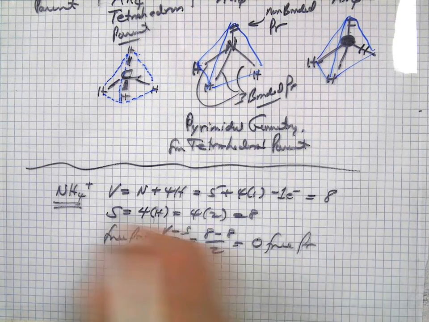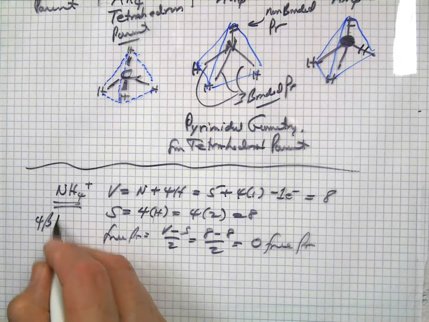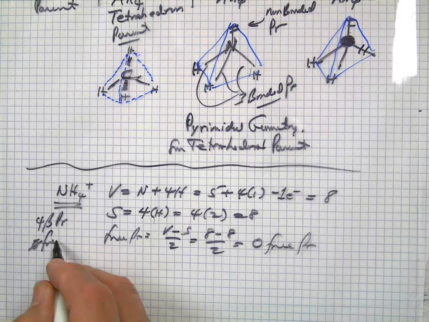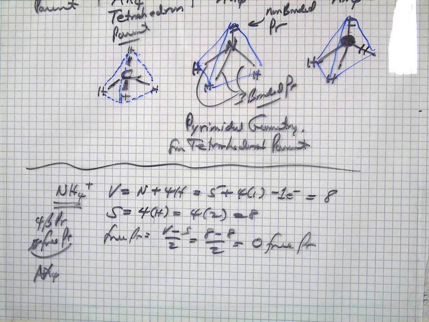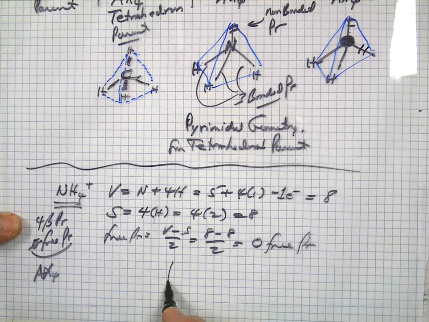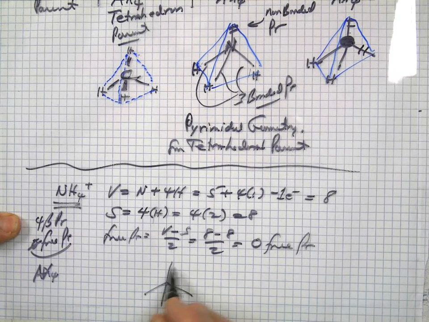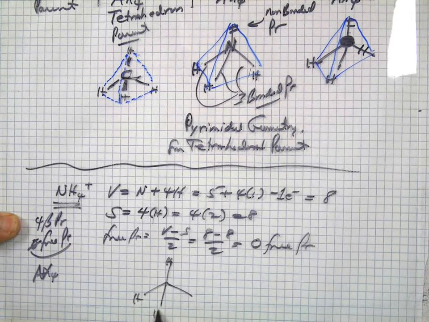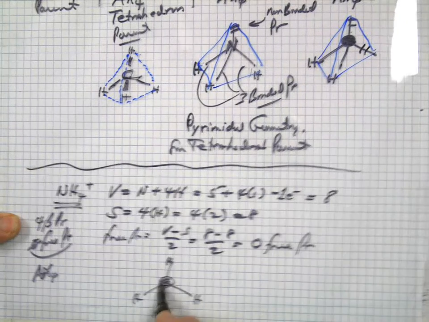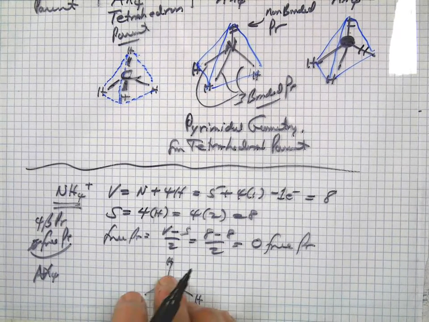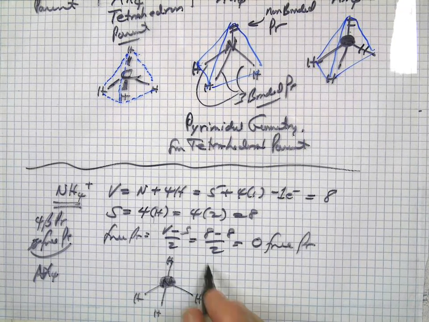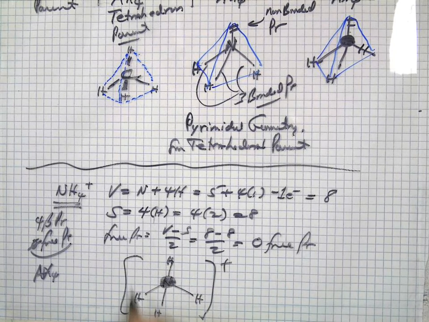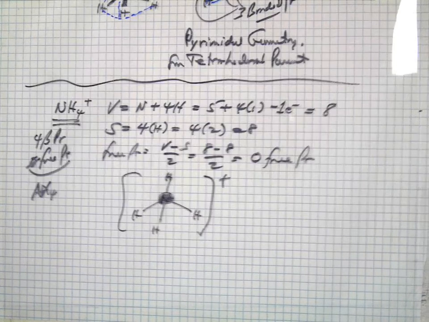So if you have 4 bonded pairs, 0 free pairs, then this is an AX4 geometry, and it's the same as the parent. So the ammonium ion has a tetrahedral geometry, and that's nitrogen in the middle. And if you wish to put a bracket around it, you can do so as such.